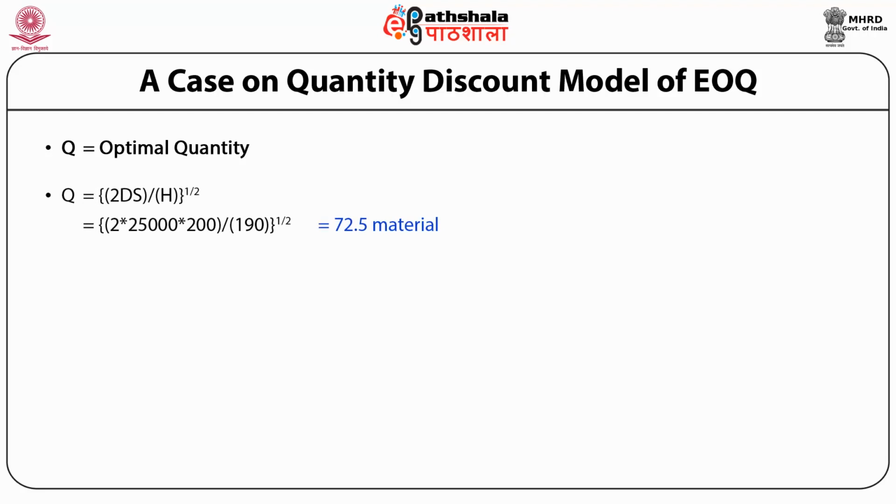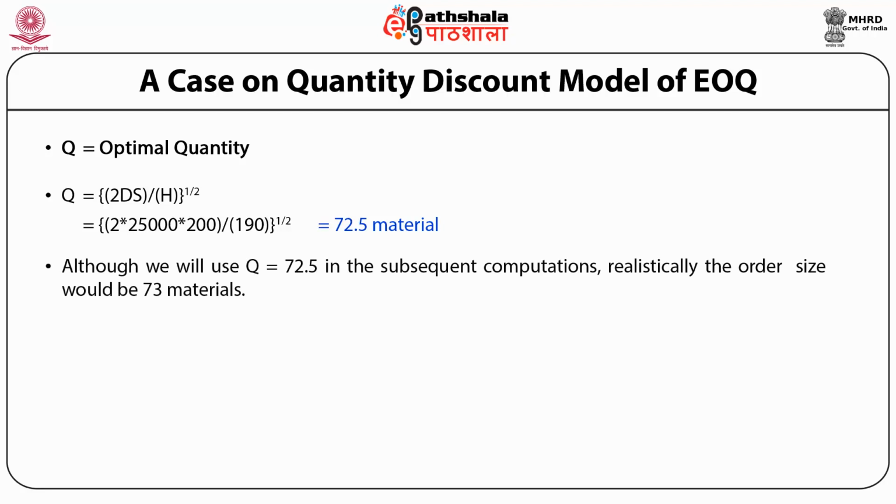Q equal to root of 2DS upon H, which is root of 2 into 2500 into 200 upon 190, equal to 72.5 materials. Although we will use Q-opt equal to 72.5 in the subsequent computation, realistically the order size would be 73 materials.